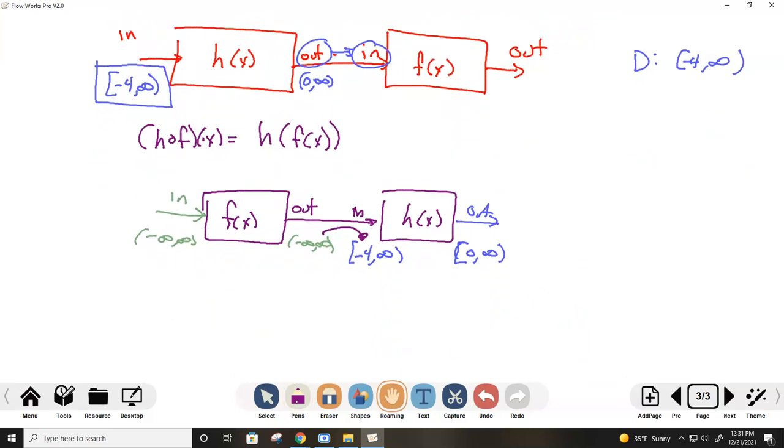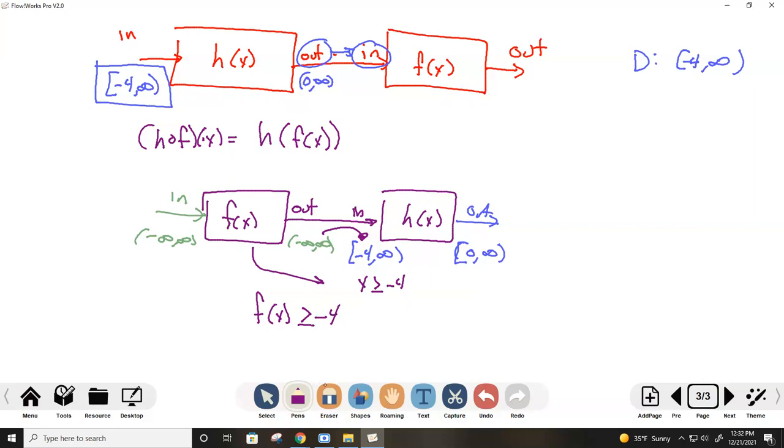So now I have to say, wait a minute, I need f of x. This is x is greater than or equal to negative 4. So I need this output to be the same as this input in order for this to work. So I'm going to have to say, well, f of x has to be greater than or equal to negative 4. So come back, what is f of x?